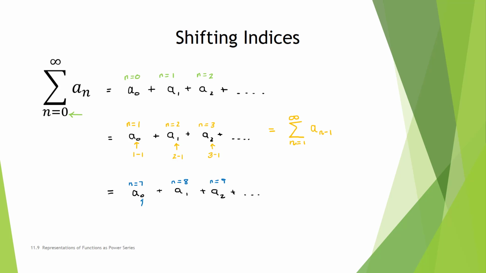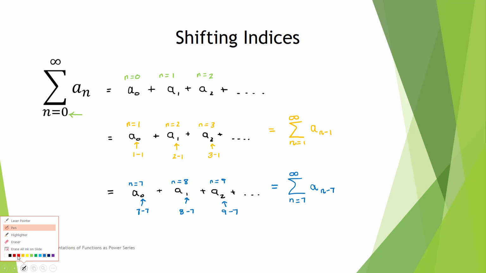Well, then how am I going to write the subscript? 0 is 7 minus 7. 1 is 8 minus 7. 2 is 9 minus 7. And so I end up with the sum from n equals 7 to infinity of the term a sub n minus 7. So these are a couple of examples.